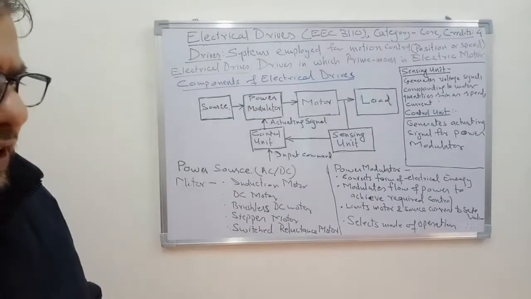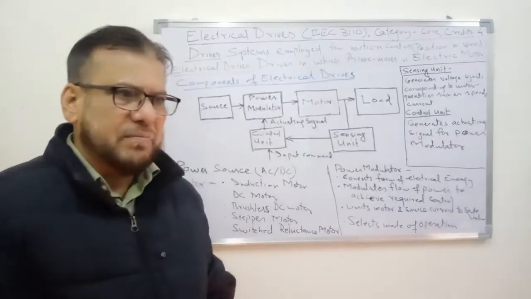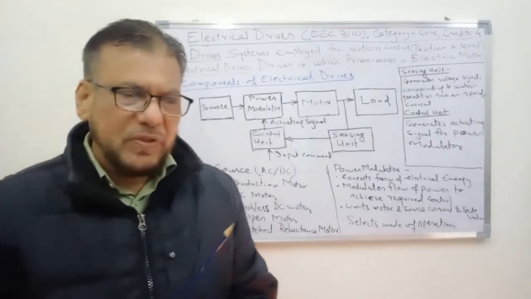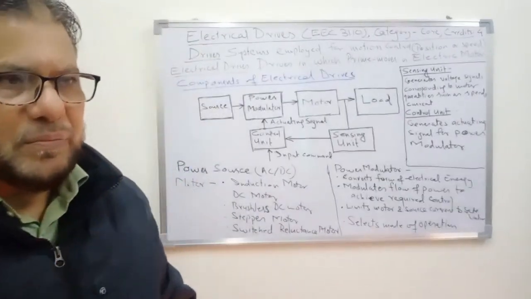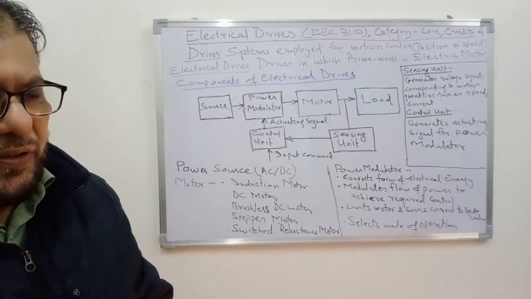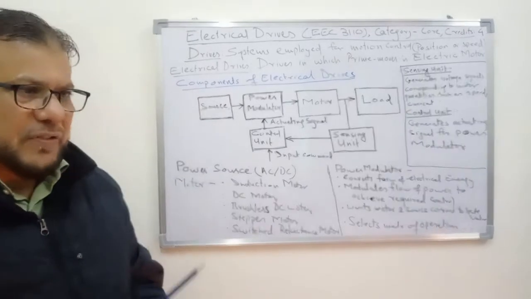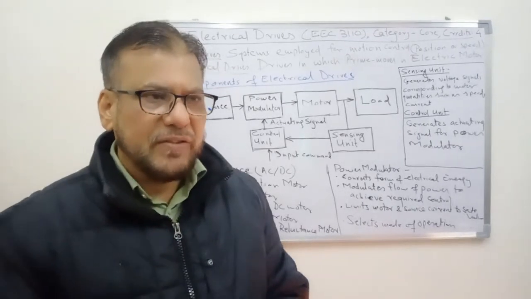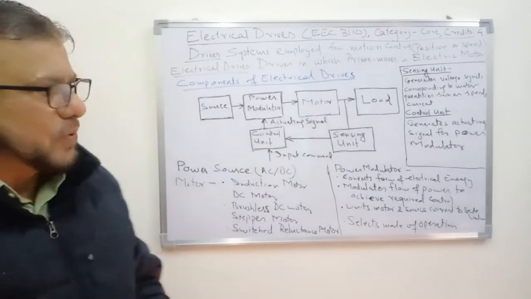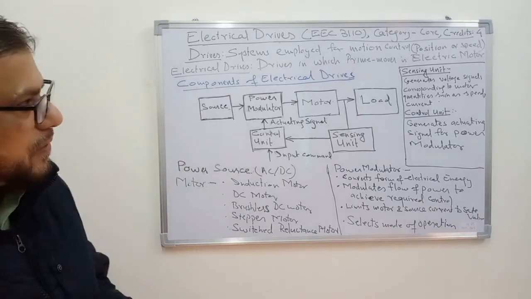Take for example the case of a lift. You have to move the lift from ground floor to first floor. So it is a position control from one position to other position. So lift should start from ground floor and should stop at the first floor. So it is position control.